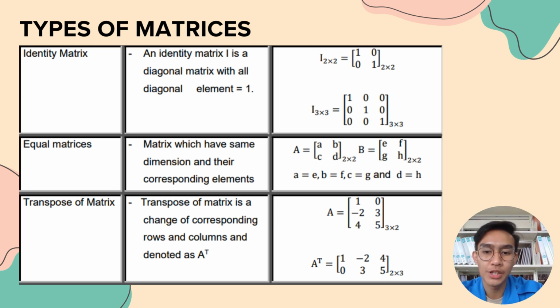And if we transpose it, it changes to 1, -2, 4, 0, 3, 5. And the order is 2 by 3. This means the rows of matrix A become columns. It's called the transpose of matrix.